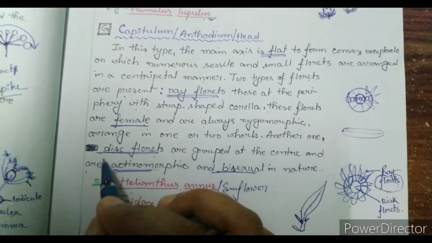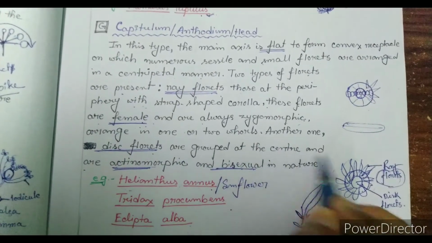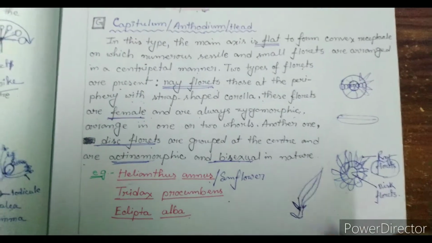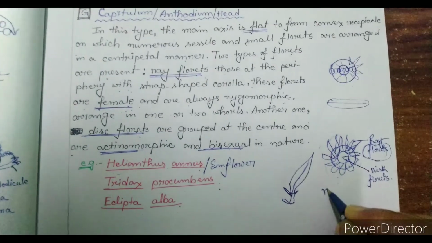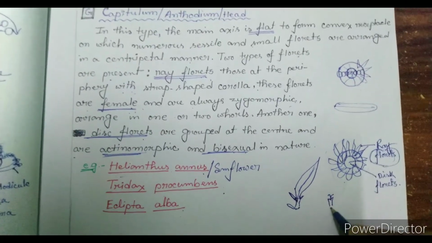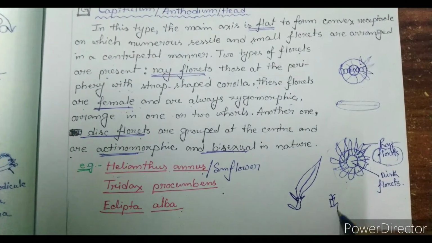At the center, disc florets are grouped, and they are actinomorphic and bisexual. The disc floret looks like this.